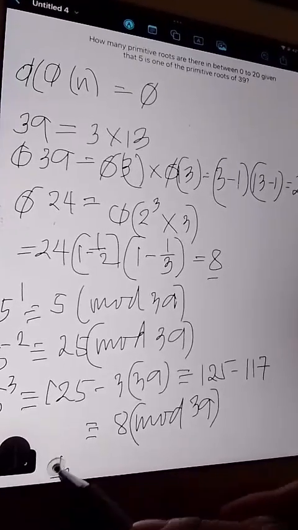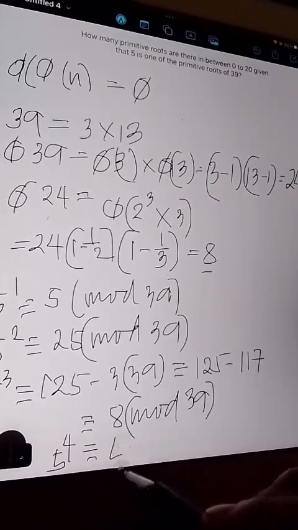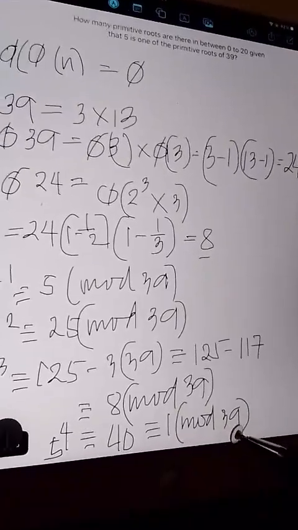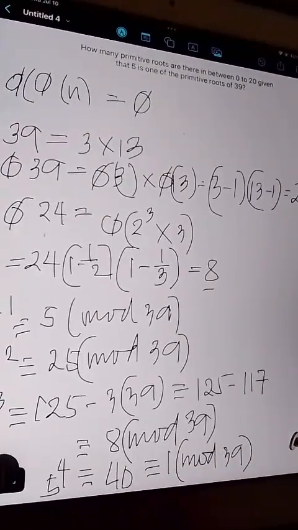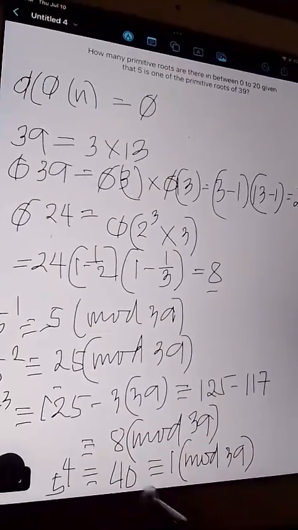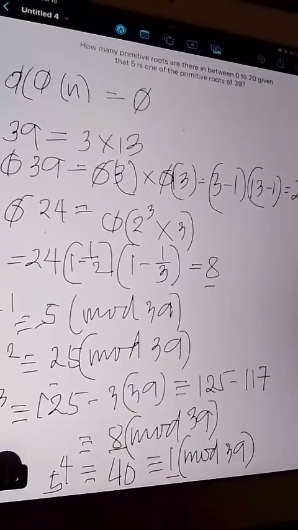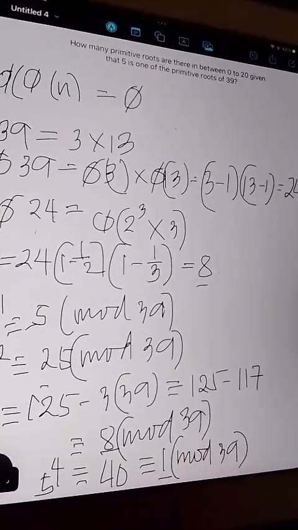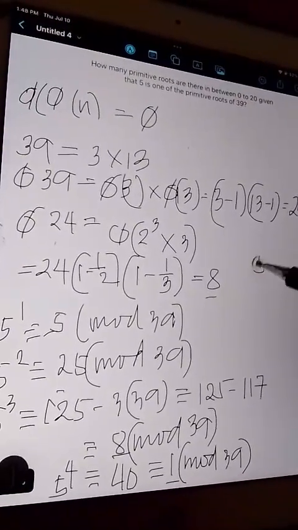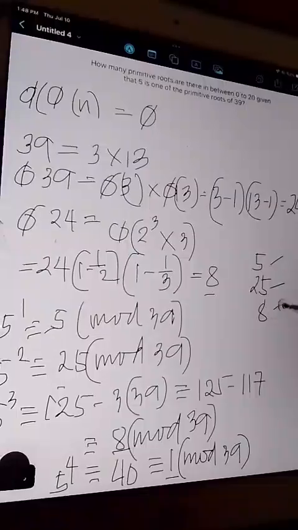And 5 raised to the power of 4 is congruent to 40, which is congruent to 1 modulo 39. So the powers of 5 modulo 39 are 5, 25, 8, and 1. So therefore, there are approximately 4 primitive roots between 0 and 20, which are 5, 25, 8, and 1.